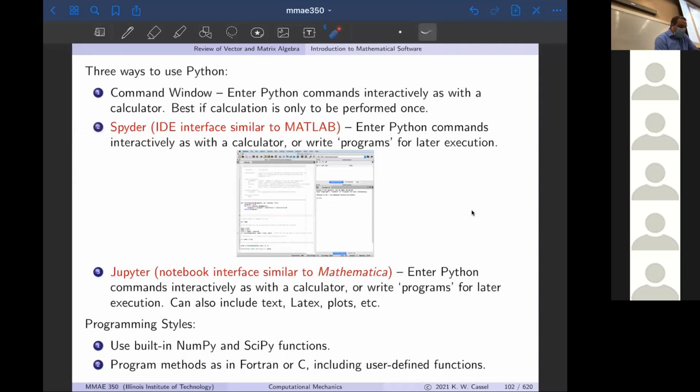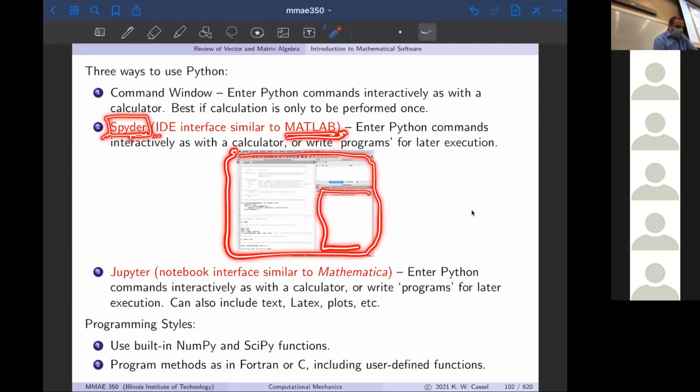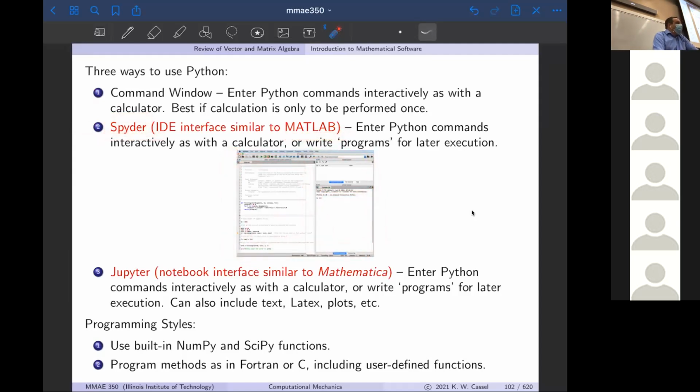In fact, Spyder, if you really like working with MATLAB in terms of the way you interface with MATLAB, but you want to use Python, then Spyder is a great option for you. It looks almost identical to MATLAB. You have your command window, you have your window over here where you type your Python, not M files, but .py files. So it looks very, very similar.